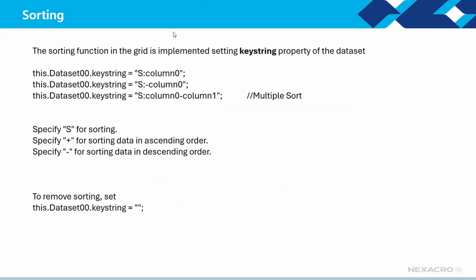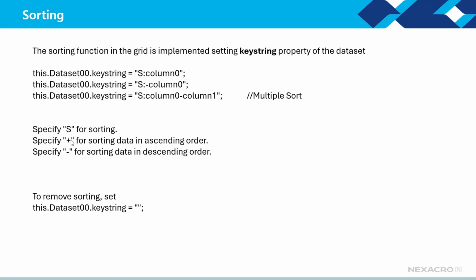The sorting functionality in the grid is implemented by setting the key string property of the dataset. The format is S colon and the column ID. So when you specify S, it's for sorting. There is another option you can specify as G, that's for grouping. But for sorting, it's S. And then plus is to sort the data in an ascending order, and minus is for sorting the data in the descending order.